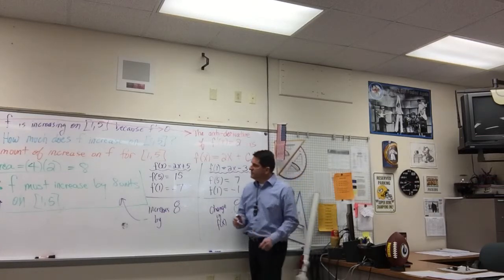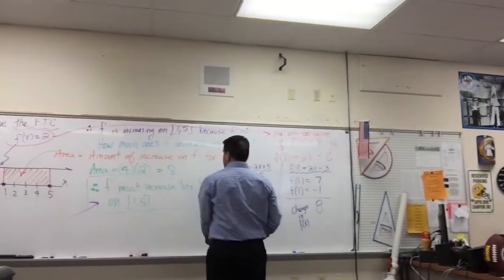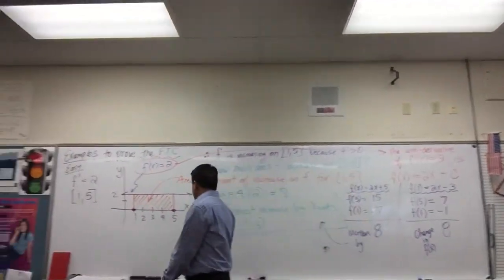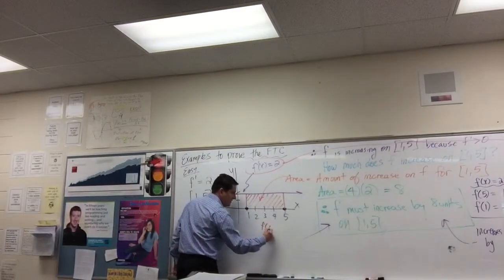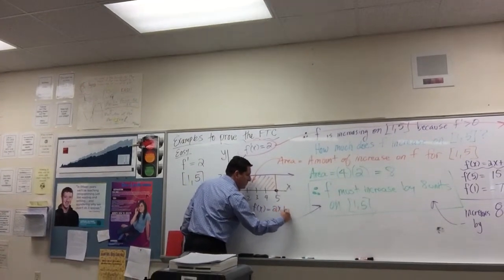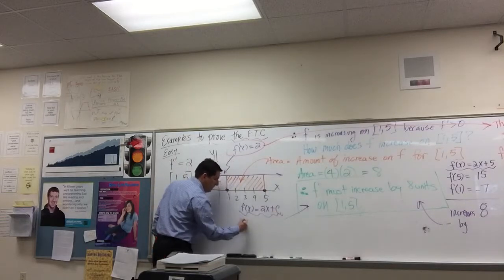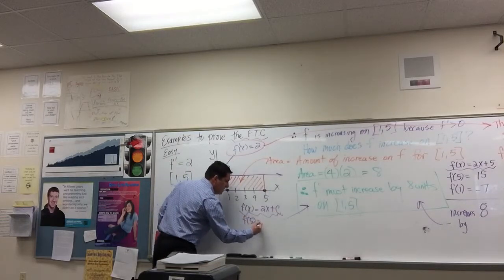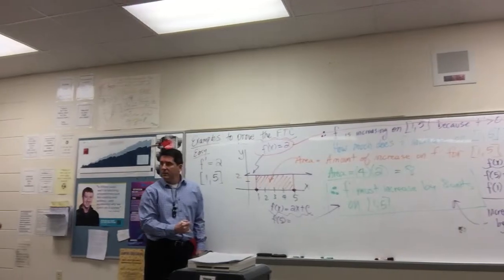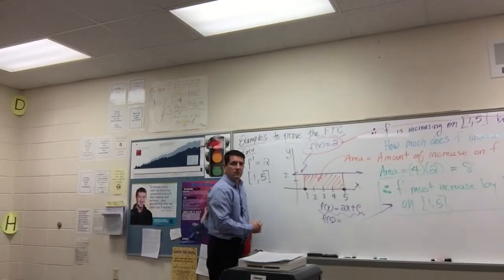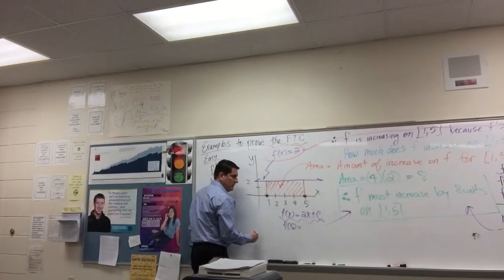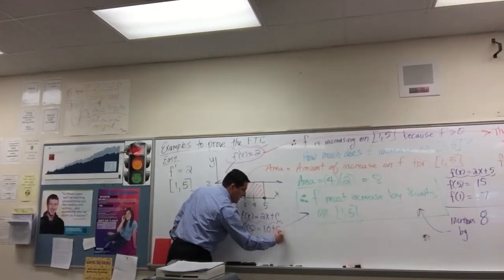In fact, watch this. If I write this as f of x equals 2x plus c, what is f of 5? It's 10 plus c.